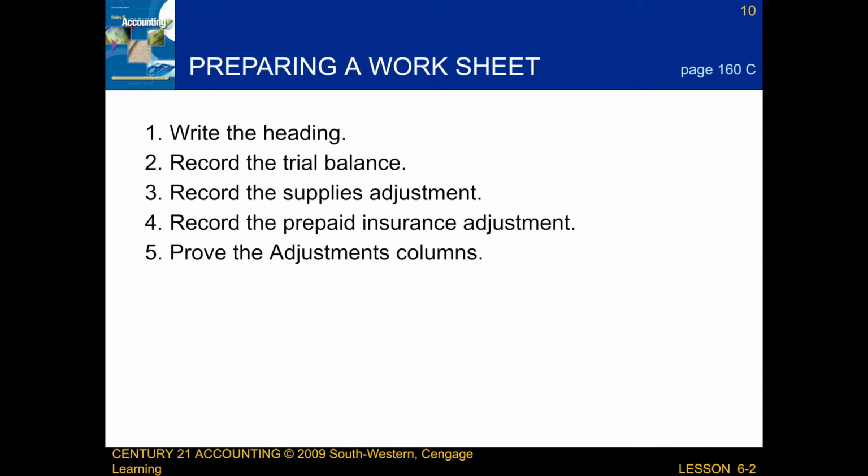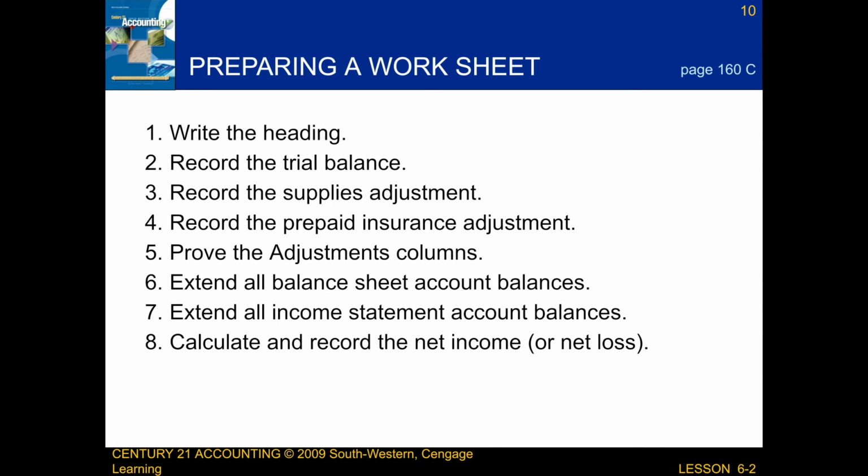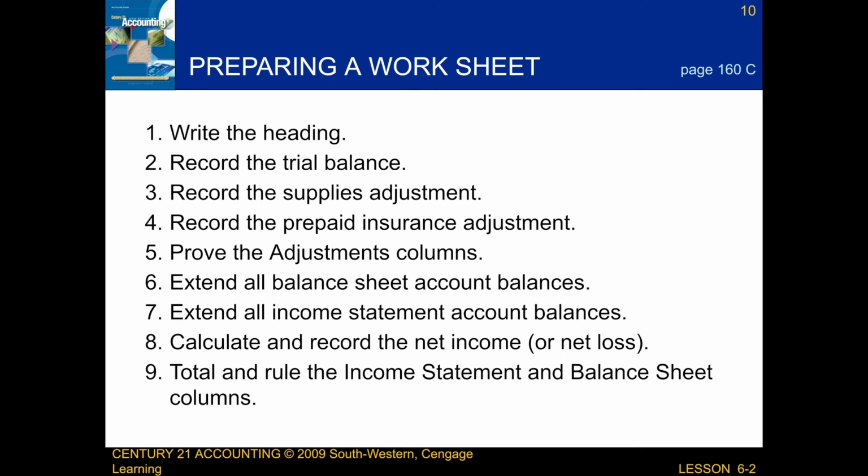Then, we prove the adjustment columns. Next, we extend all balance sheet account balances. After that, we extend all income statement account balances. Then we calculate and record either the net income or net loss. And finally, we total and rule the income statement and balance sheet columns.